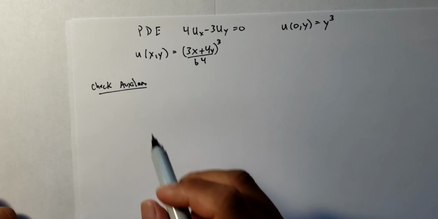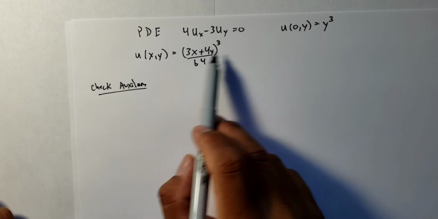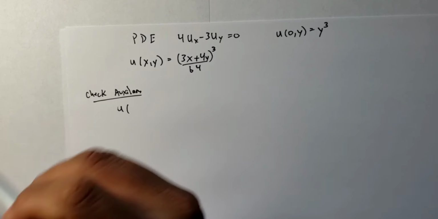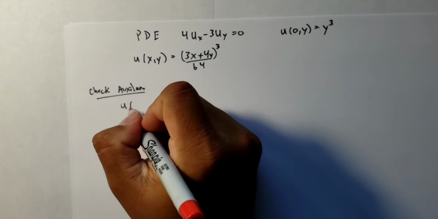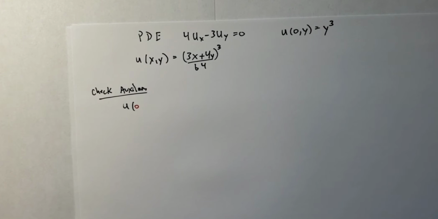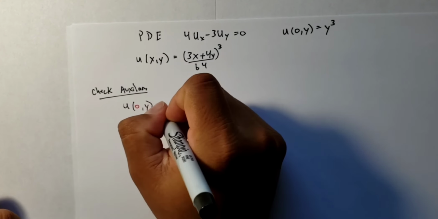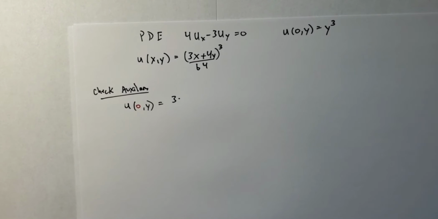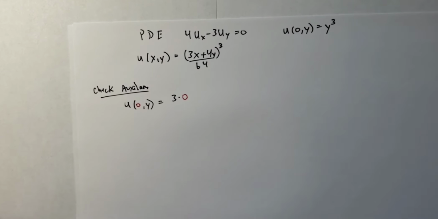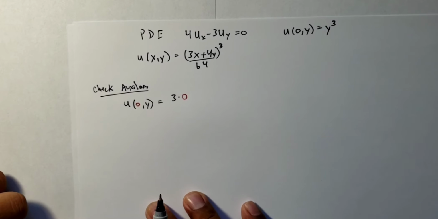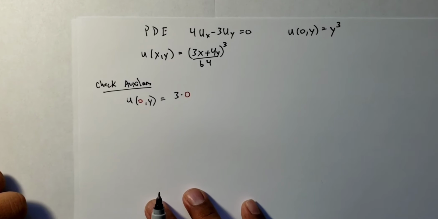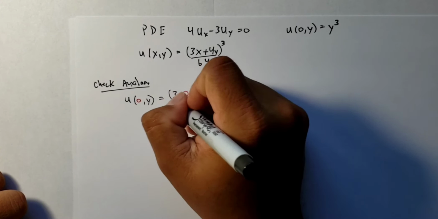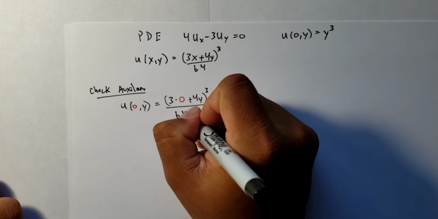Is it true that if I plug in 0 into this expression, I would get y to the power of 3? Let's find out. So u of 0,y is equal to, let's see, (3 times 0 plus 4y) to the power of 3 over 64.